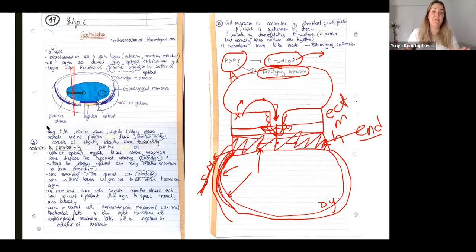Exactly the same thing is happening there. The cells of the epiblast, which are destined to become mesoderm, are busy expressing brachyury. By the time they're done expressing brachyury, endoderm is already formed. So now I can detach, migrate, and give rise to the mesoderm.